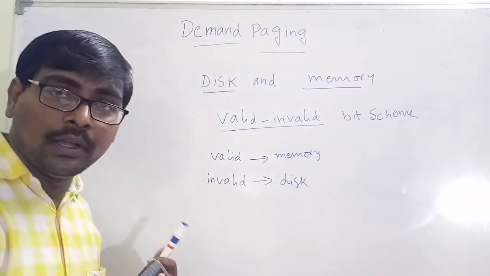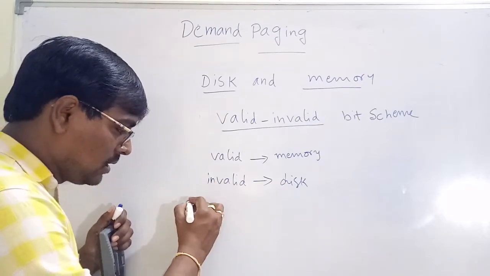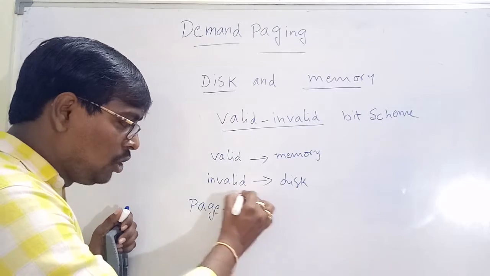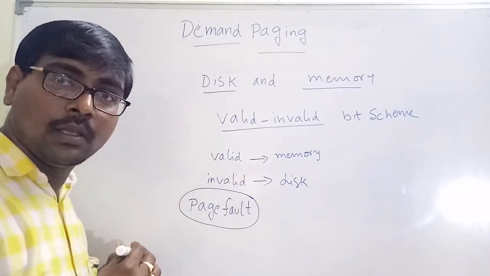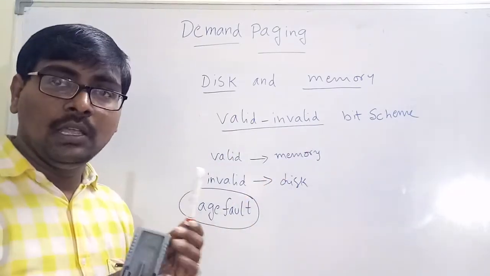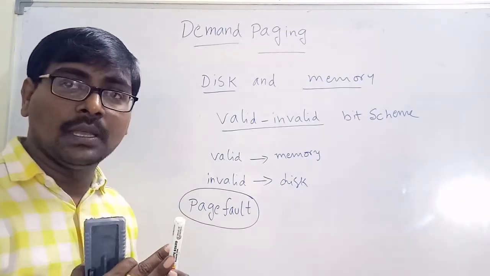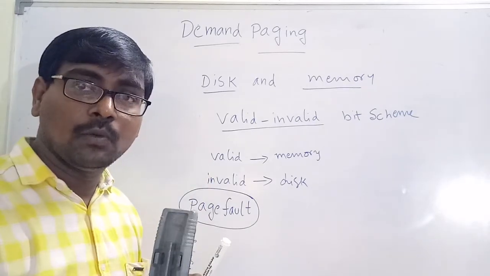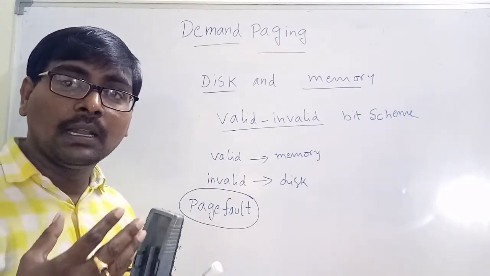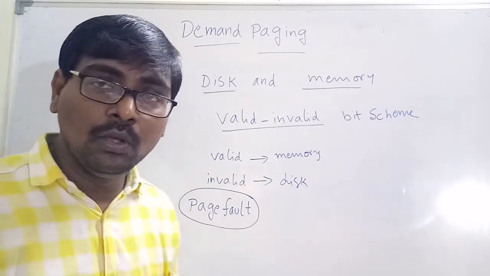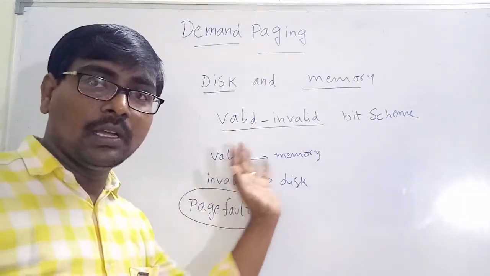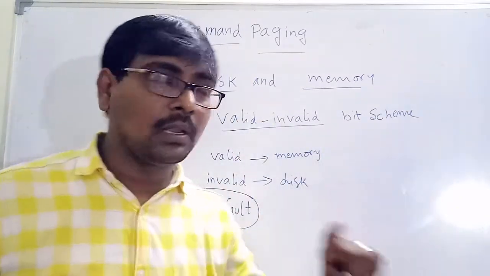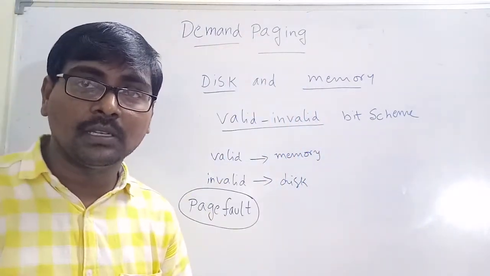One more point we discussed is page fault. What do you mean by page fault? In the memory we are trying to access a page, but the page is not in the memory. Then we bring the page from the disk into the memory, which we just discussed as demand paging.